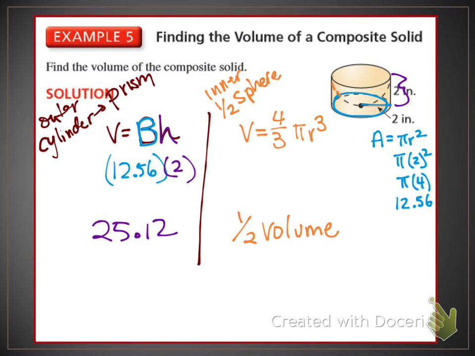So of my sphere, or half sphere, what is the radius? 2. 4/3 pi times 2 cubed. 2 times 2 times 2 is 8. So what is 4/3 times pi times 8?